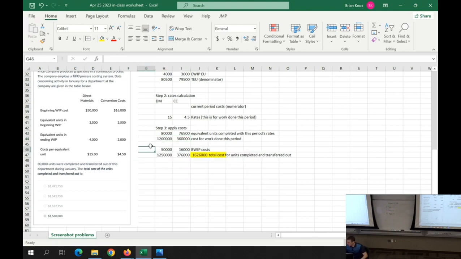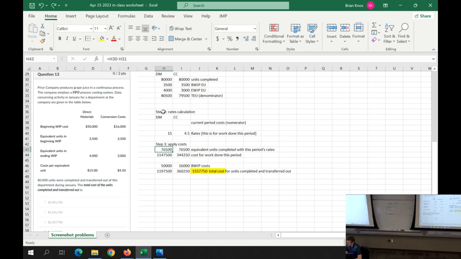With FIFO, we have to carve out that beginning WIP equivalent unit space here and not apply this period's rates, but take the costs that are associated with those equivalent units that were done last period and add them in at the very end of the process to make sure that they end up going out. Yep. If this problem were weighted average, I could take 19.50, the sum of these two rates, multiply it by 80,000, and that's it.